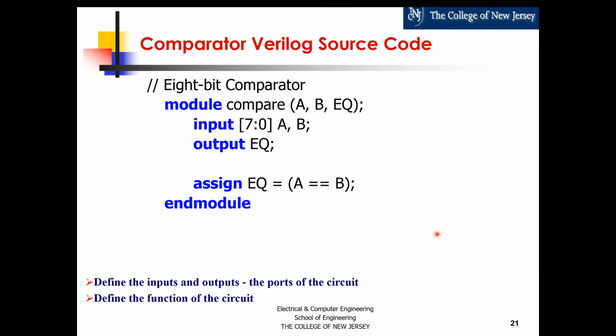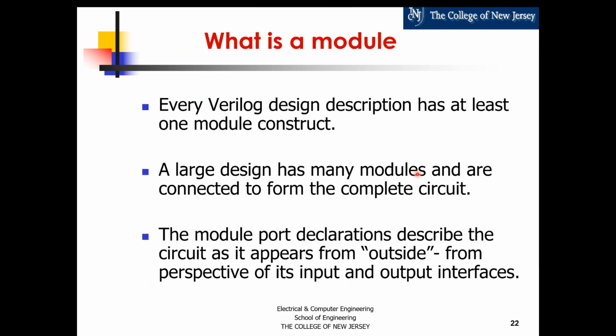And I synthesize, and wow, I got my 64-bit comparator instead of an 8-bit comparator. I'm sorry, I just have to change the 7 to 63. That's the right number. So, hopefully this brings home the advantage of the power of this technology.